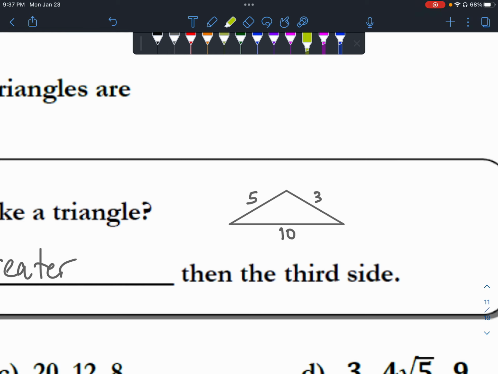The reasoning is that these two sides right here, if you add them together, do not equal a value larger than that third side. Thus, although I drew it connected, realistically it will probably look something like this. You'd have one side that's 10, a side that's 5, and a side that's 3, and we'd be missing a huge gap that would not allow this triangle to physically connect.